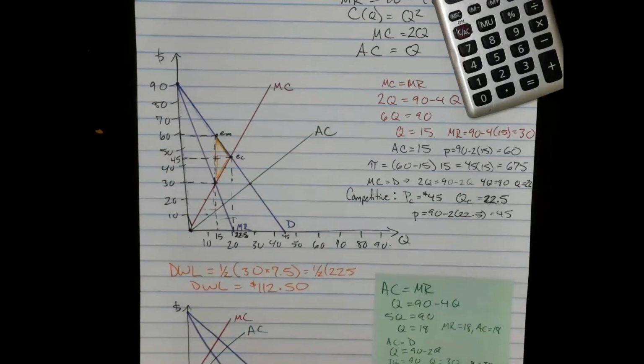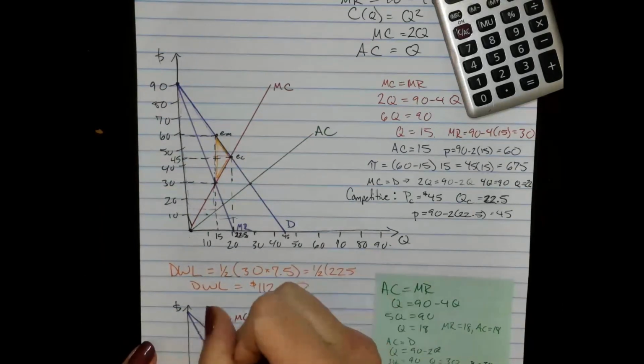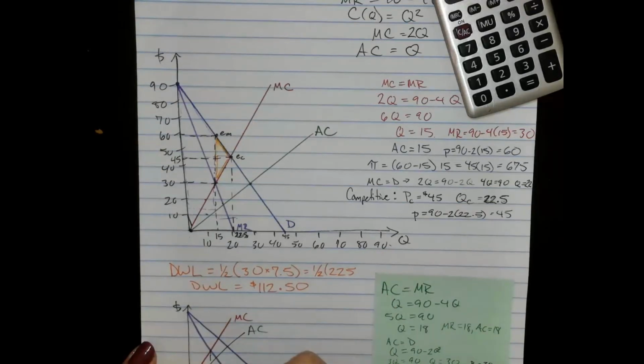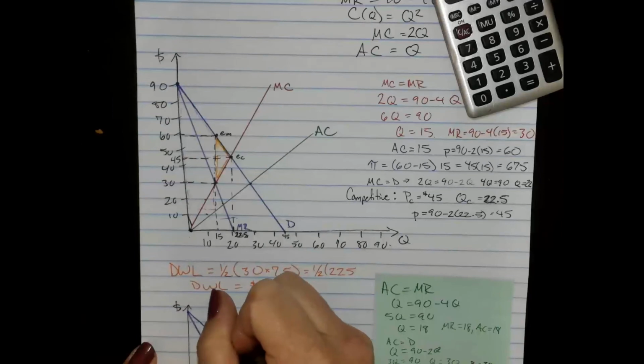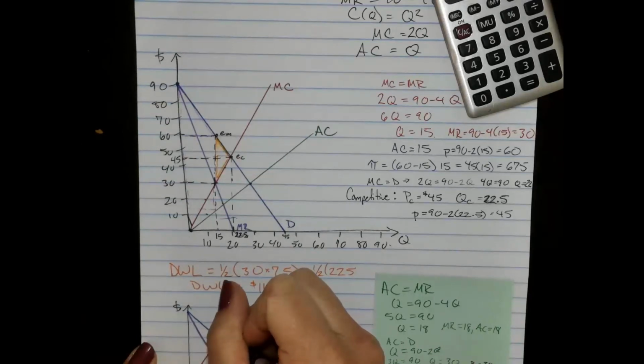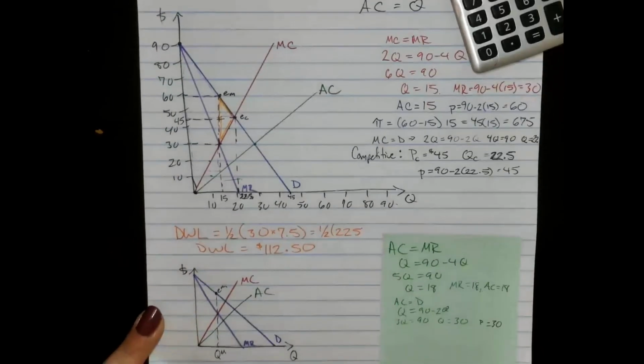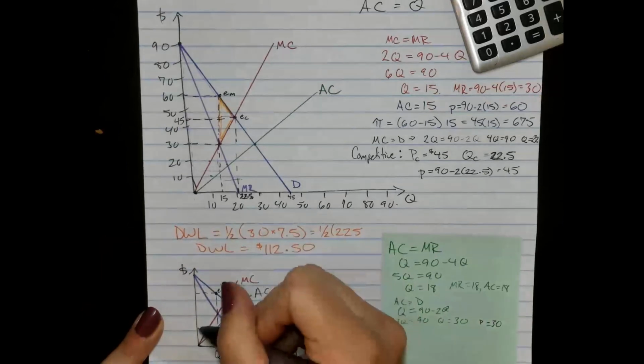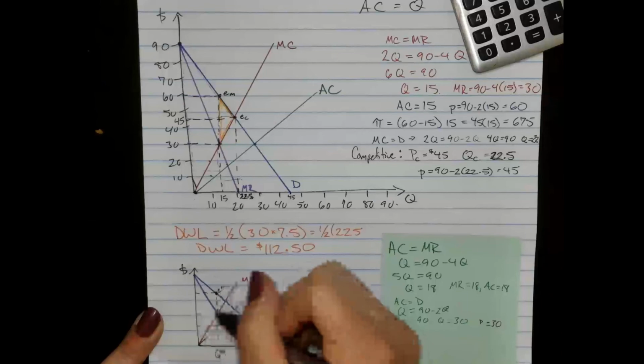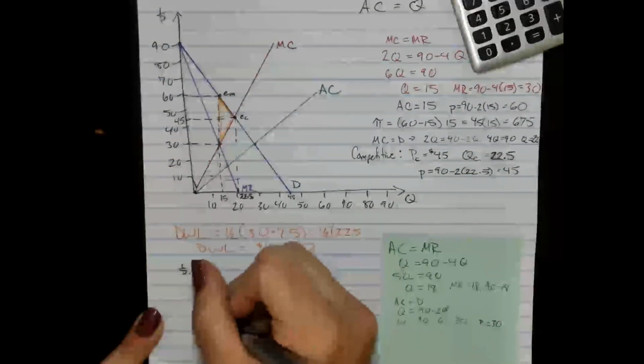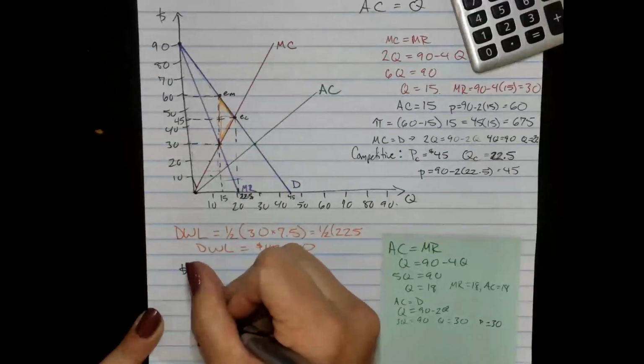We can go ahead and say, okay, the monopoly equilibrium is here with this price and this equilibrium, right? And the competitive equilibrium is just right here.